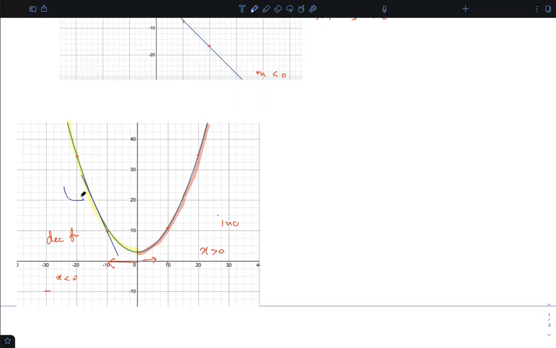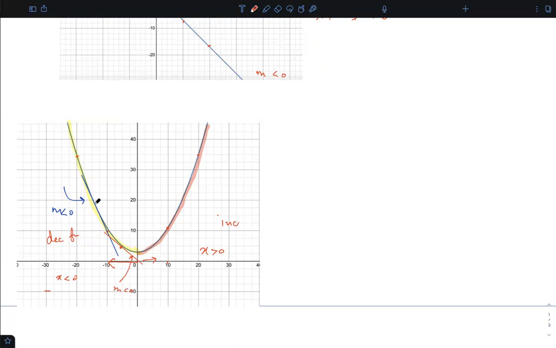So it will have a gradient that is negative. If I take another point in this interval and draw a tangent here, again, this tangent is a line which is going down, so its gradient is negative.